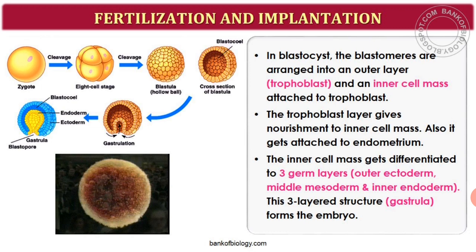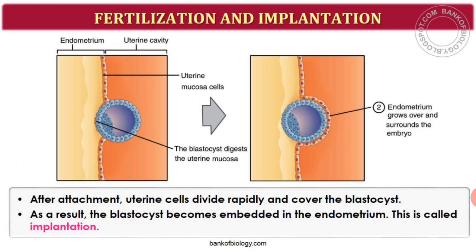In the diagram, this is the endometrium and this is the uterine cavity. This round structure is the blastocyst, and its outer layer is the trophoblast. The trophoblast's proteolytic enzymes make a depression, and in that depression the blastocyst will sit.